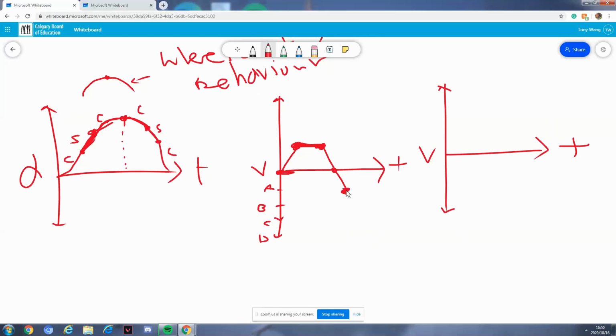A straight horizontal line. Yeah. Here? Where would it be? Right. And how long would it roughly be compared to this? It would be the exact same, but we'll see why it's going to be the exact same.